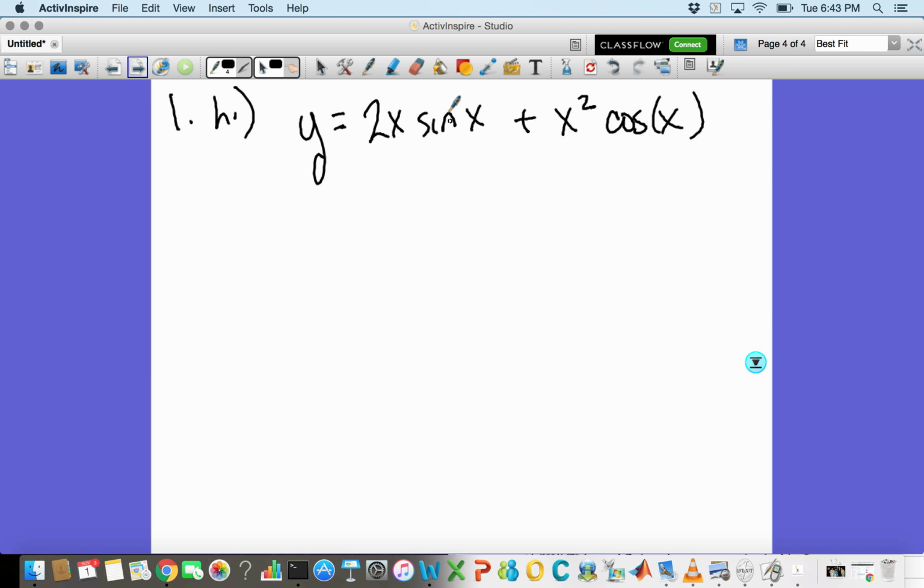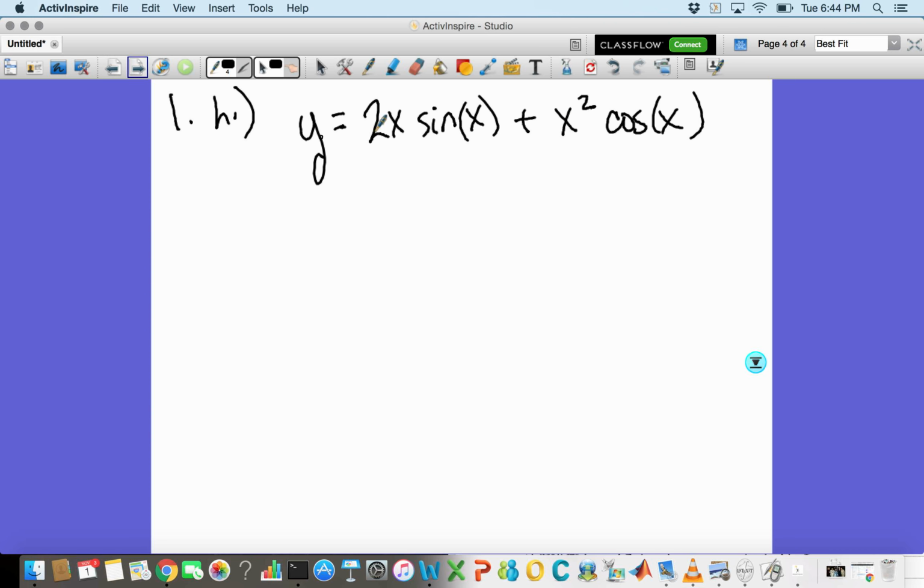I'm going to wrap my x's with parentheses to remind myself they're the inside of sine and cosine. So x squared times cosine x, you can't multiply those x's together. This one's on the outside, this one's on the inside. In order to take the derivative, I notice that this is a product of two functions and this is a product of two functions. So I'm going to have to use the product rule twice.